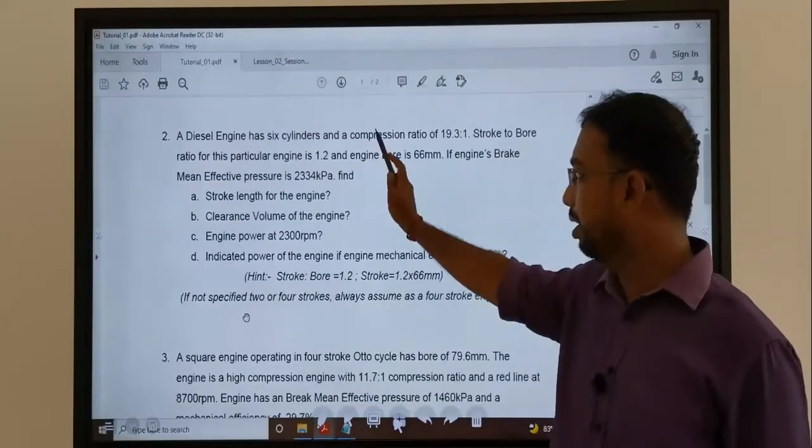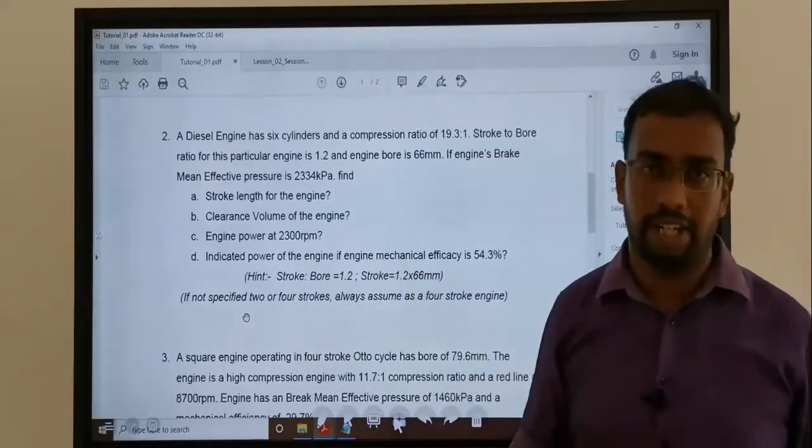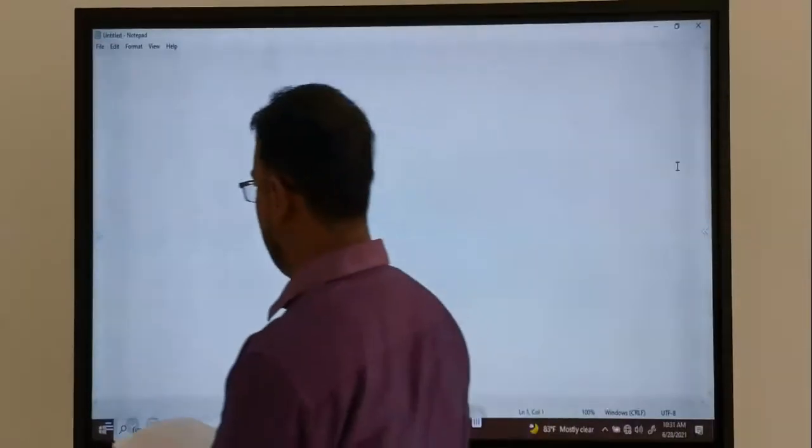2334 kilopascal. The crank RPM we also know, so we can find the brake power. This is the same as the previous question.